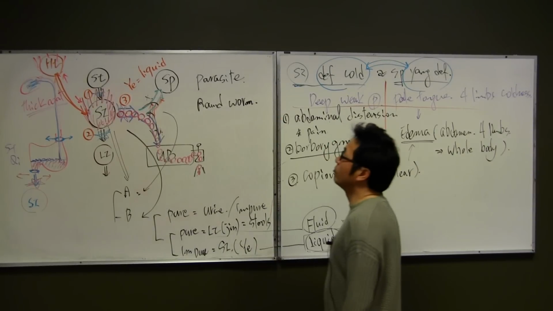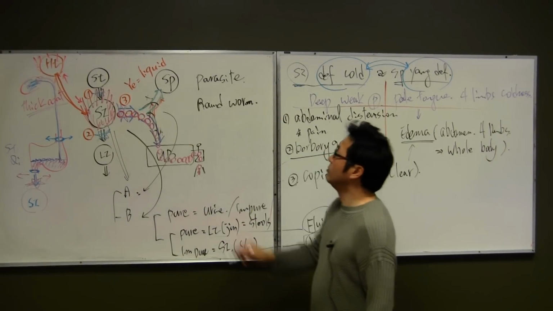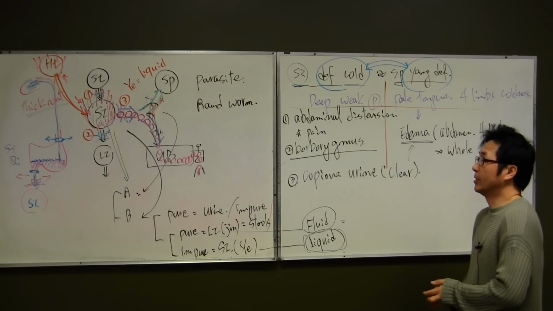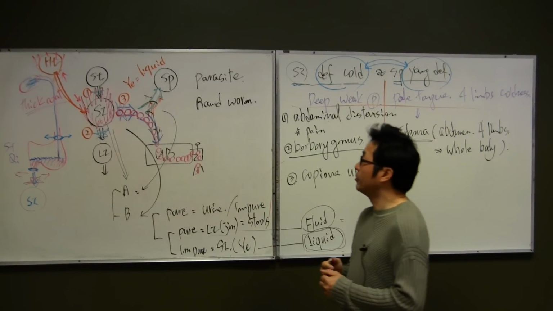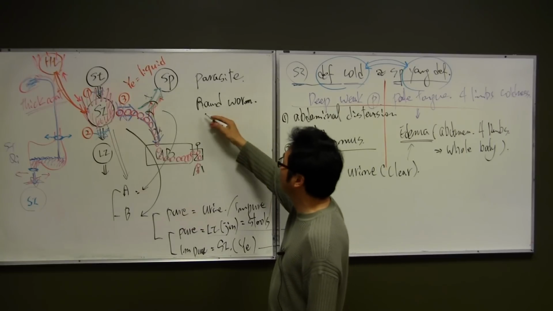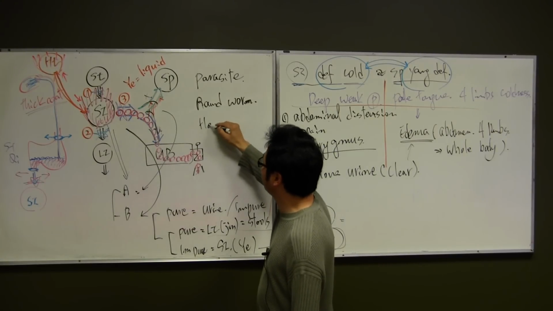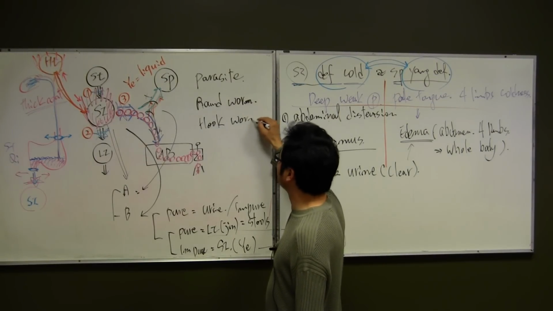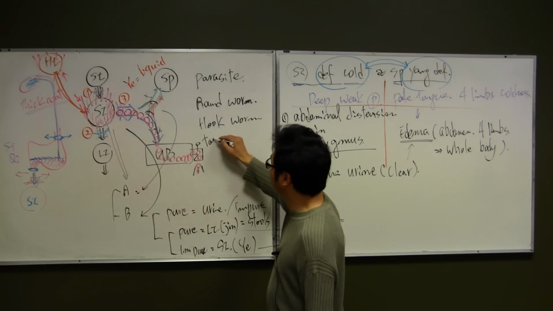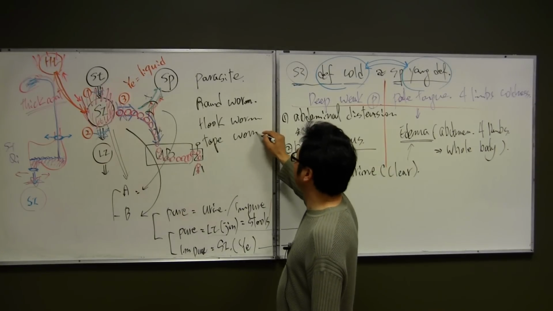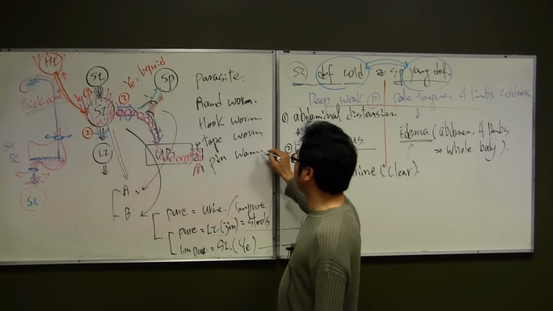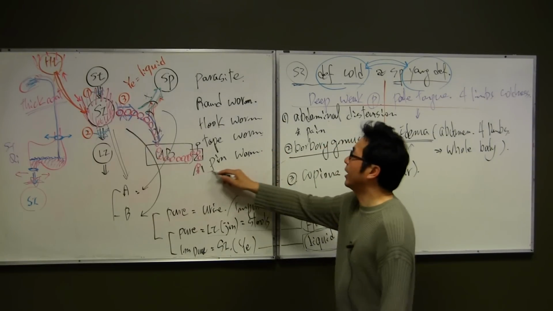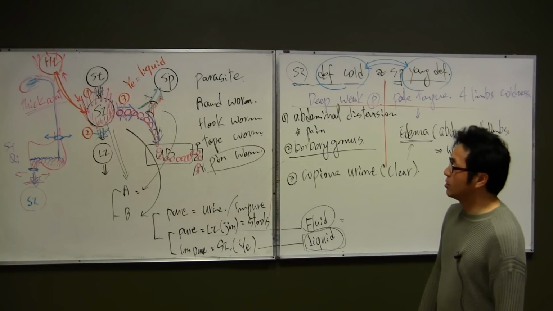There are also several other types: hookworm, and also tapeworm. Sometimes there's pinworm. Pinworm is more related to the anus region, with itchiness of the anus.